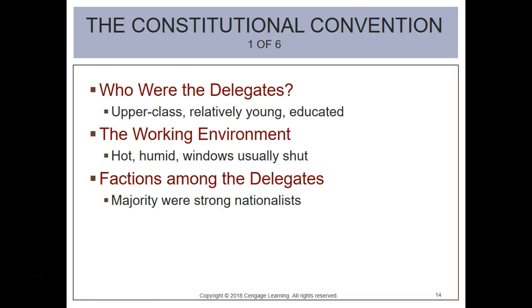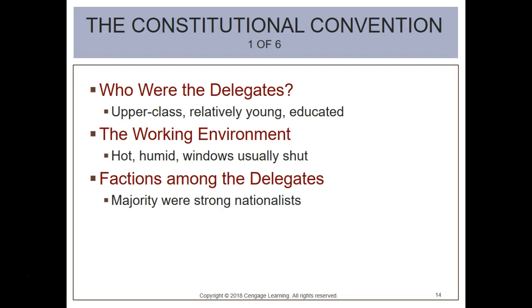And you see that the delegates are made up of some of society's elite. And that is something that has reverberated throughout history until today. You'll notice the disproportionate amount of wealth in those who rule versus those who are being ruled.